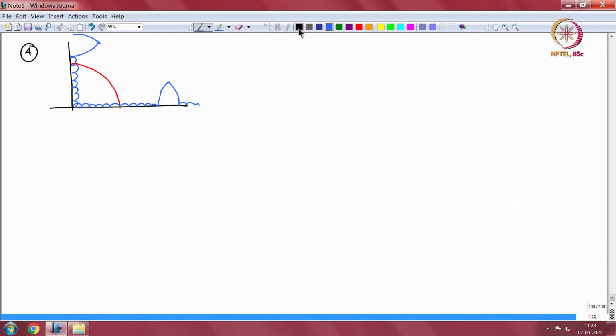Which means K is less than q pi by b, which is less than p pi by a, which means lambda is greater than lambda z structural, and lambda is greater than lambda x structural. We'll call these the corner modes. These situations occur.